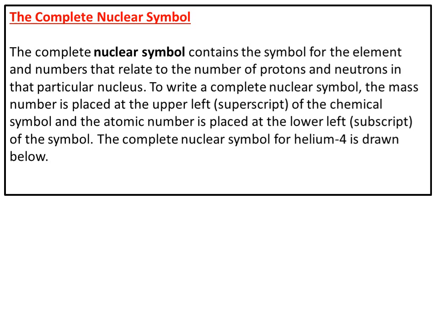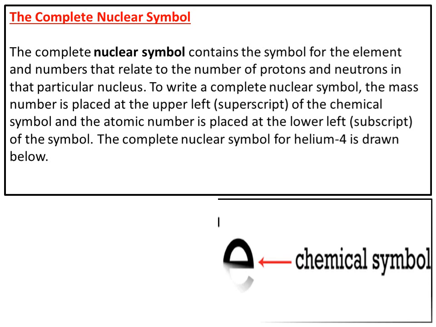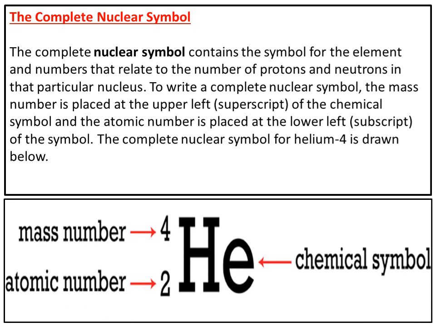The complete nuclear symbol for helium-4 is drawn below. Now look here. This is the chemical symbol of helium or nuclear symbol of helium. This is also called isotopes. Now the mass number is at the upper left and the atomic number is always at the lower left.